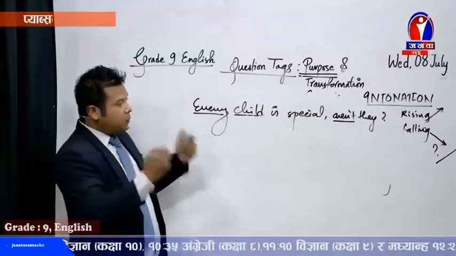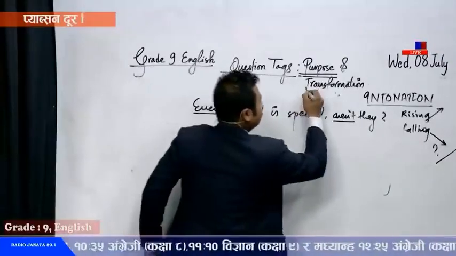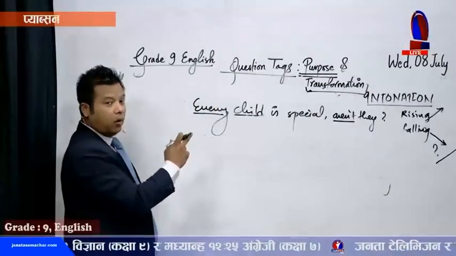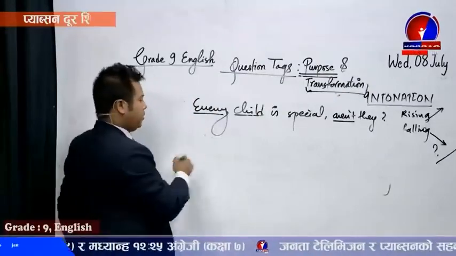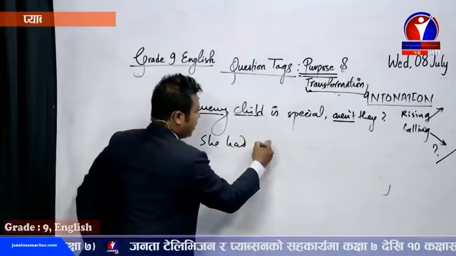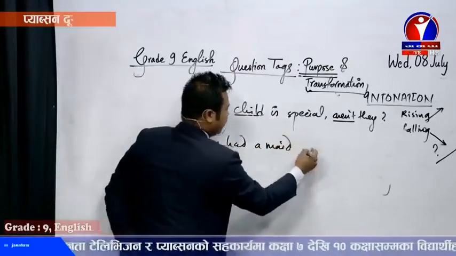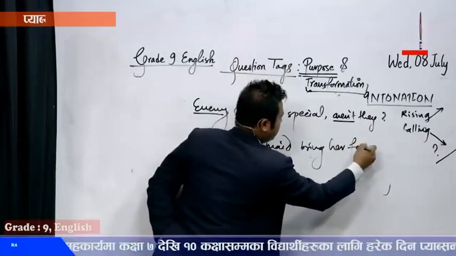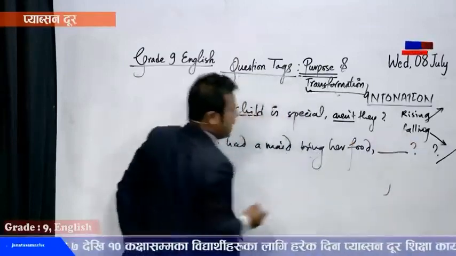Now, while speaking of this, what is this transformation concept that I mentioned on the board? Let's study that too. She had a maid bring her food, and you have to supply a tag.